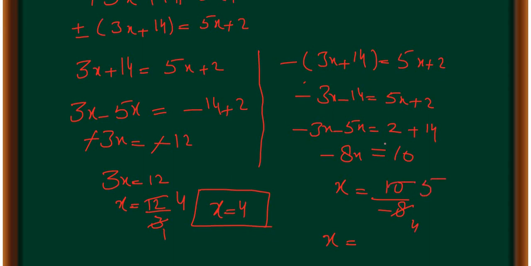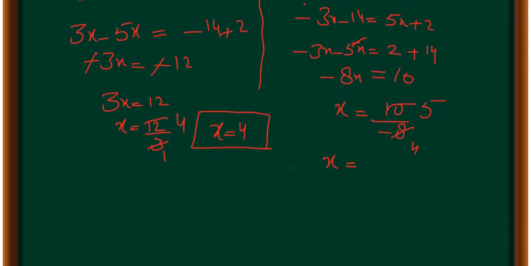Oh sorry, this is not 10, this is 16. Minus 8x is equal to 16. Okay, x is equal to 16 divided by minus 8, and in the end we get the answer minus 2.